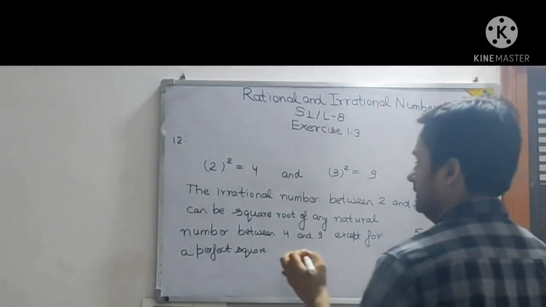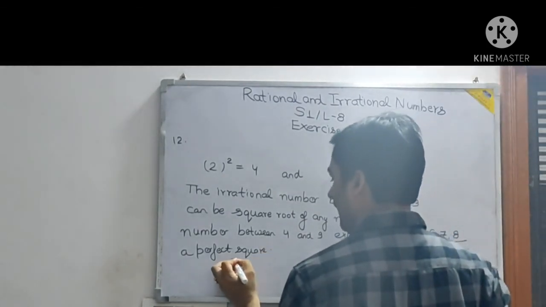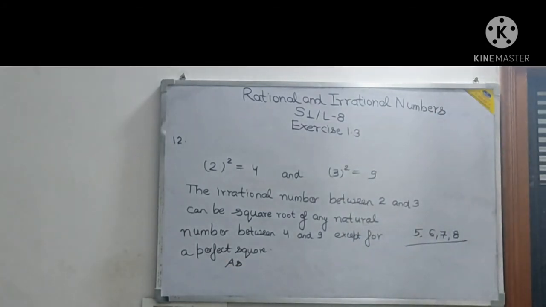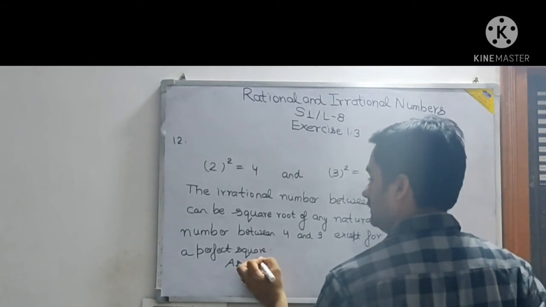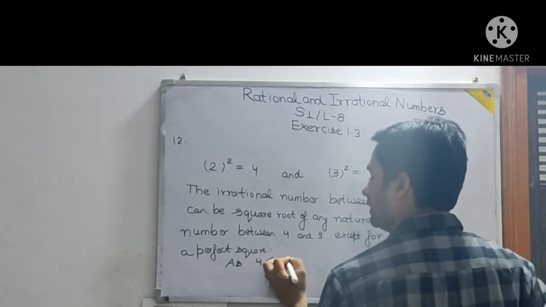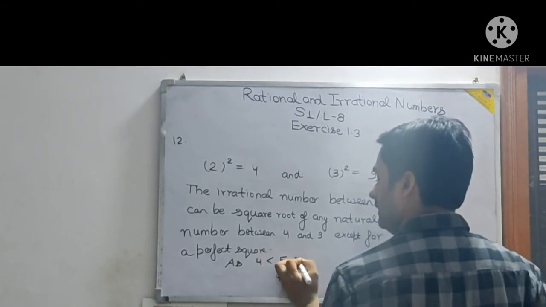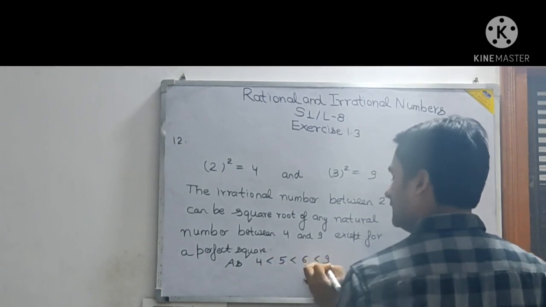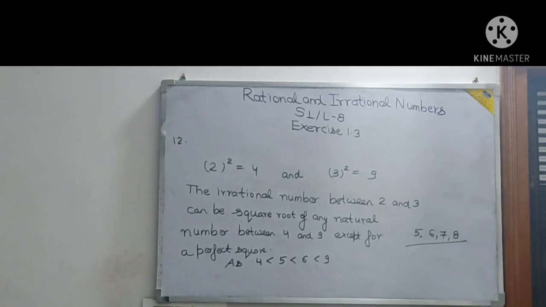So what do you write? Write as: more than 4 can be what? 5. And more than 5 is what? 6. And is 6 less than 9? Yes. 6 is less than 9.